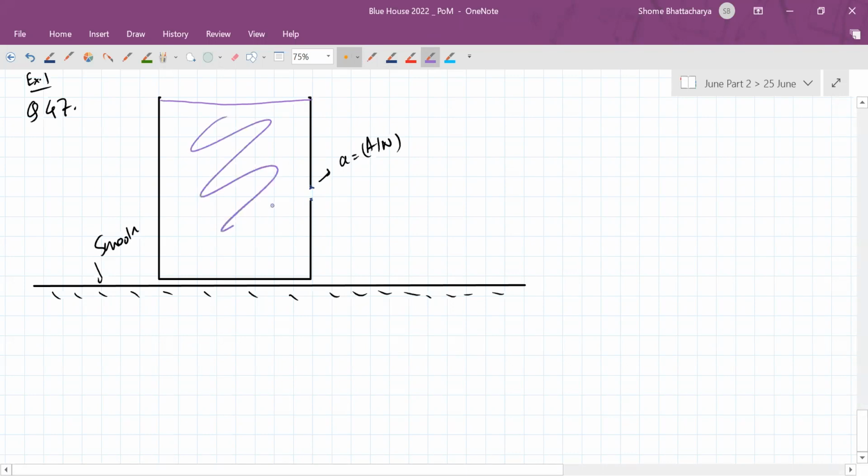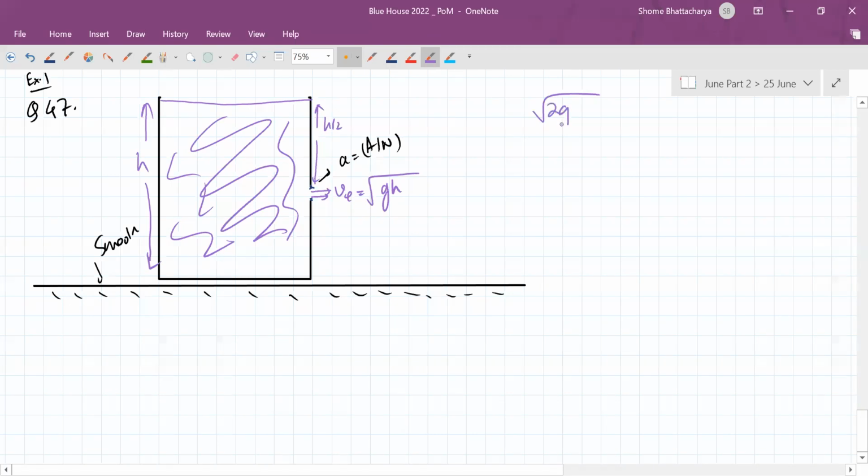And liquid is filled to the top. So if this height is h and the hole is at the center, it's h by 2. In this case, the rate of efflux would be how much? It will be square root of 2g times h by 2, like this. So what is happening?